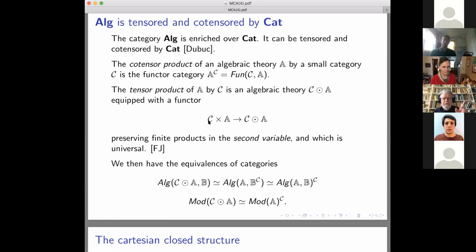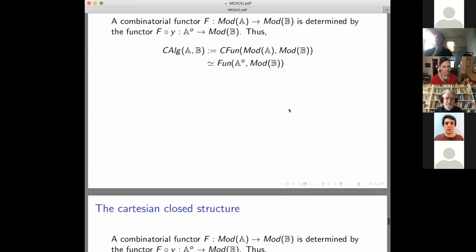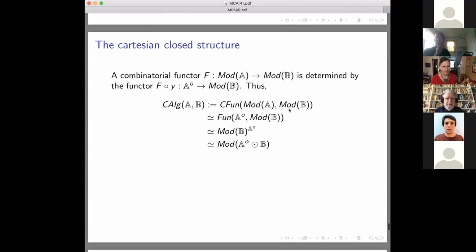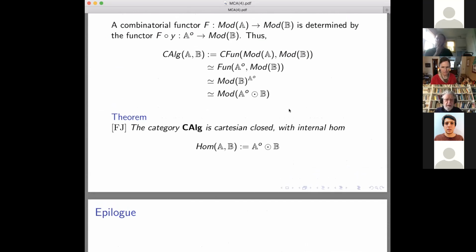So even if C has finite product, this C tensor A ignores the finite product of C. It's a kind of strange formula because it looks like something is hiding, that maybe we miss something, and maybe there is something like a compact closed category there, but we have not been able to find one.